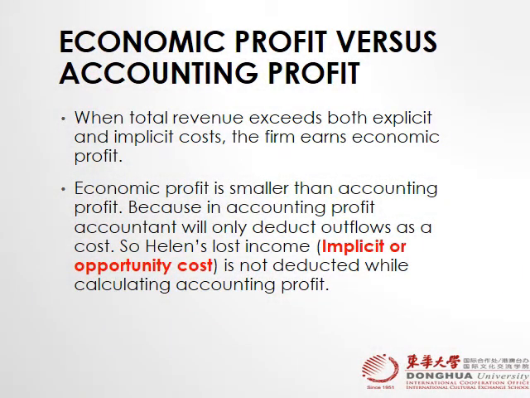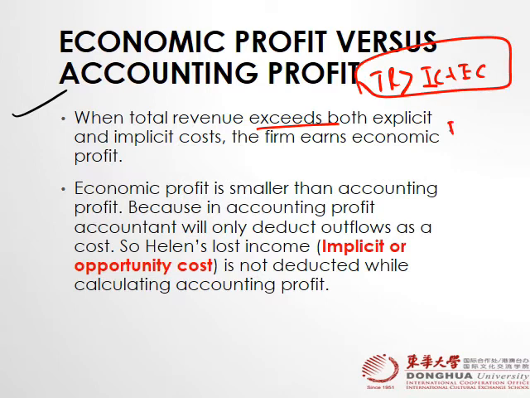So if you see those equations, then you can extract some kind of result here. That is, when total revenue exceeds both explicit and implicit cost, the firm earns economic profit, right? If total revenue is greater than implicit cost plus explicit cost, then we can say that the company has economic profit greater than zero.